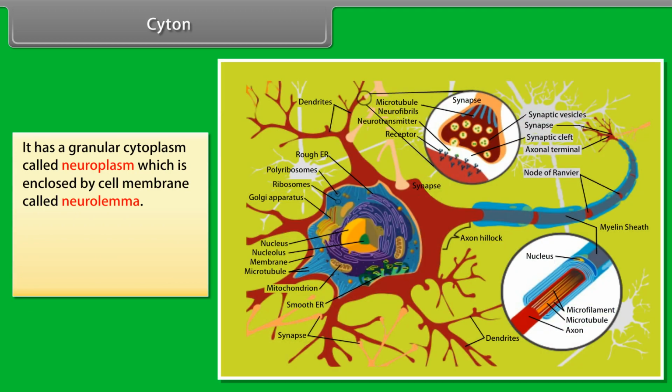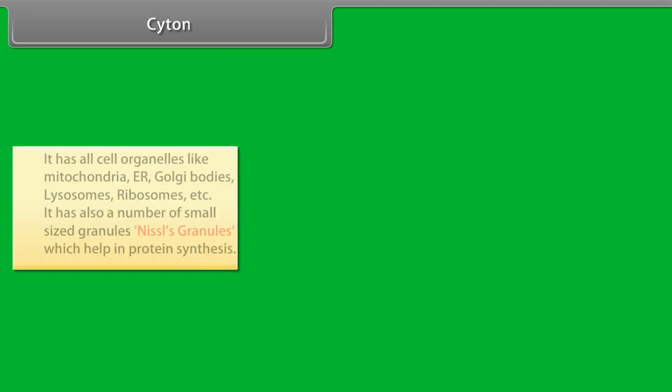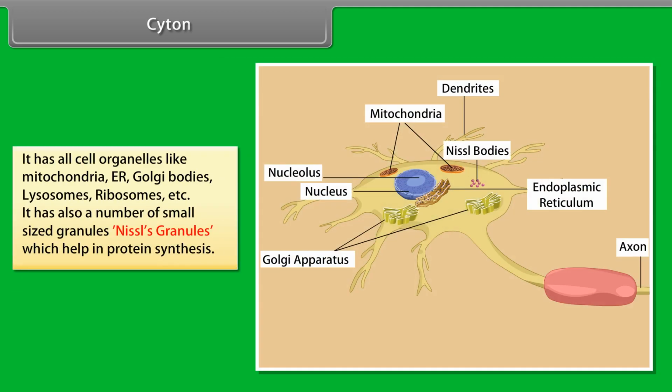It has a granular cytoplasm called neuroplasm, enclosed by a cell membrane called neurolemma. It also has a large, spherical, centric nucleus with a nucleolus. It has all cell organelles like mitochondria, Golgi bodies, lysosomes, ribosomes, etc. It also has a number of small granules, Nissl's granules, which help in protein synthesis.